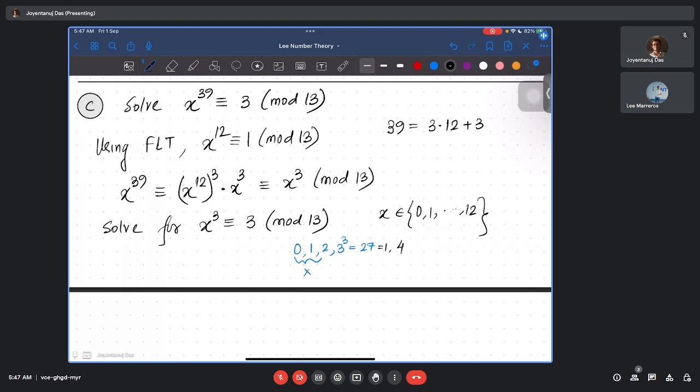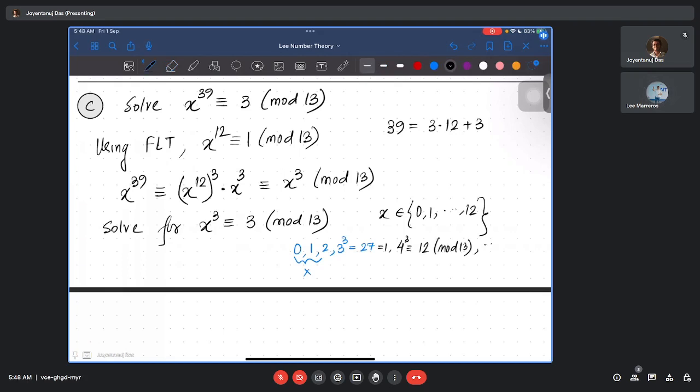Then 4 cubed is 64, right? That is congruent to how much? 64 is 12 mod 13, right?